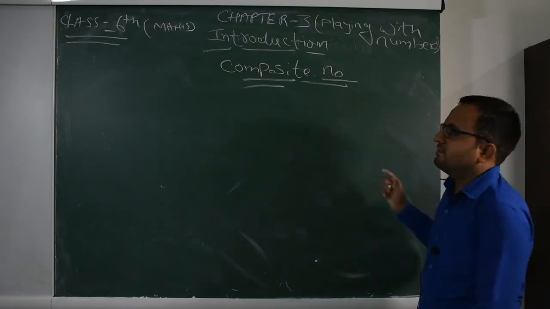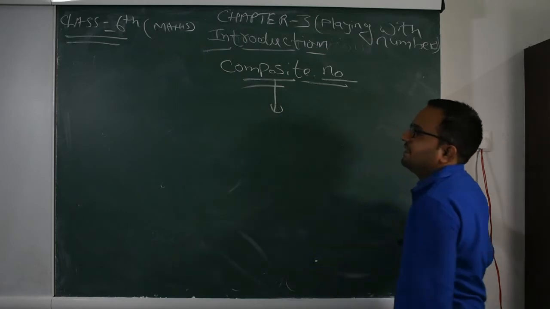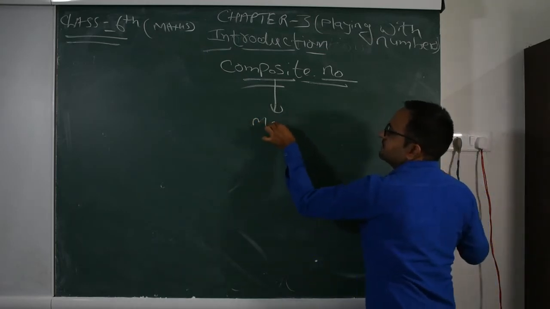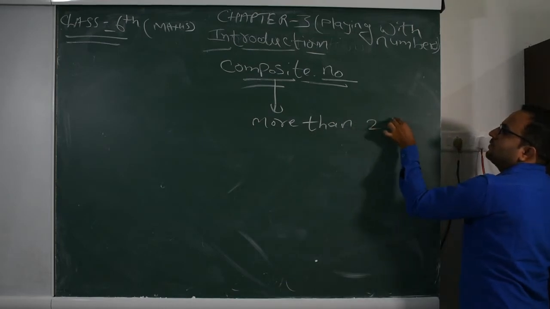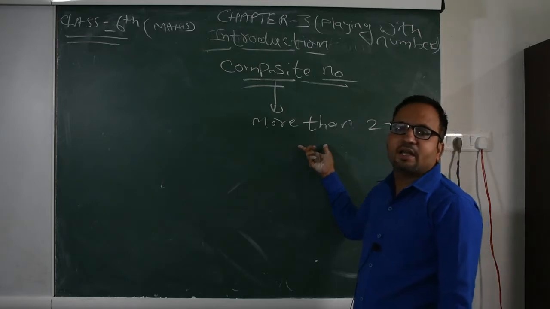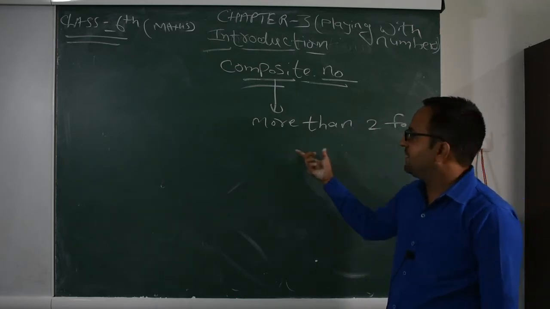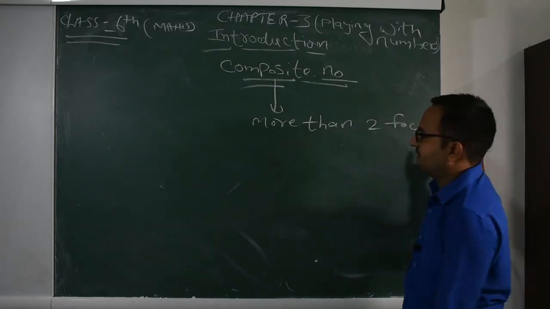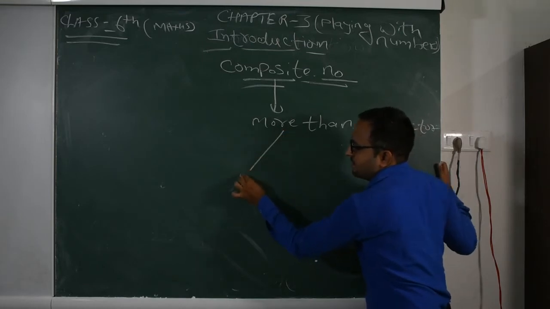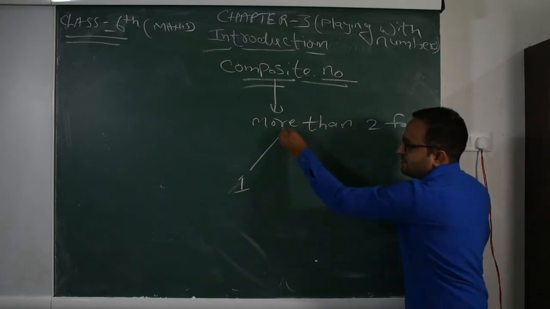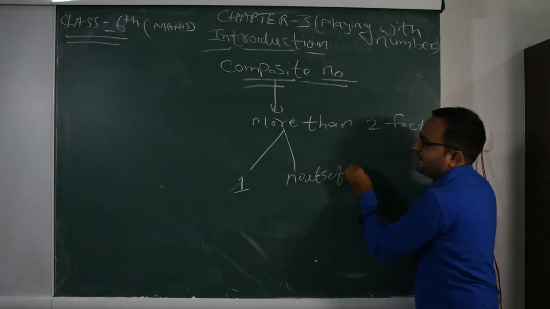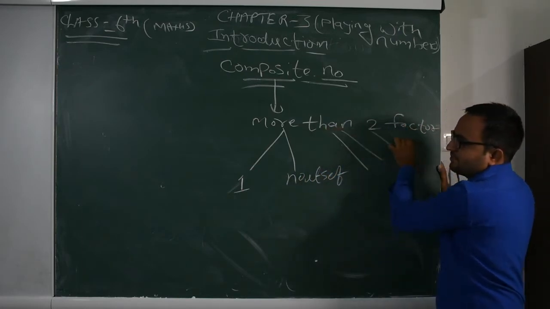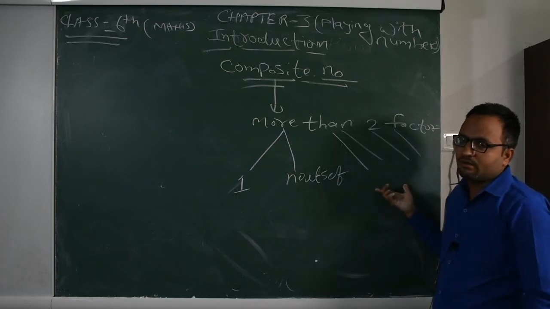A composite number has more than two factors. It does not have only two factors, it has more than two. The first factor is 1, the second is the number itself, and the remaining ones are the other factors.